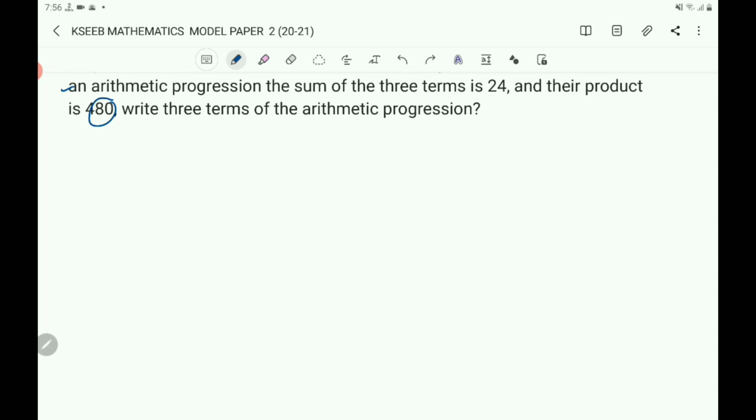So let us take the middle term as a, its previous term as a minus d, and the third term as a plus d. So you write: let a minus d, a, a plus d be the 3 terms.